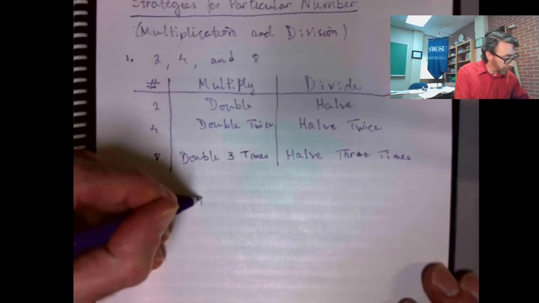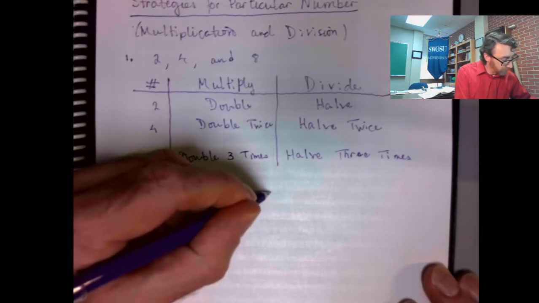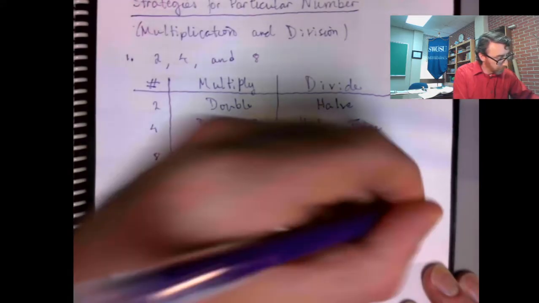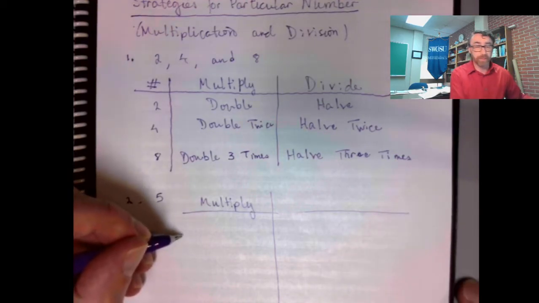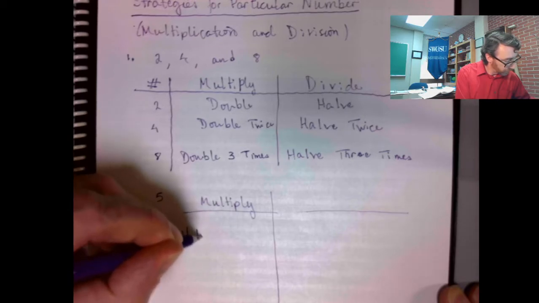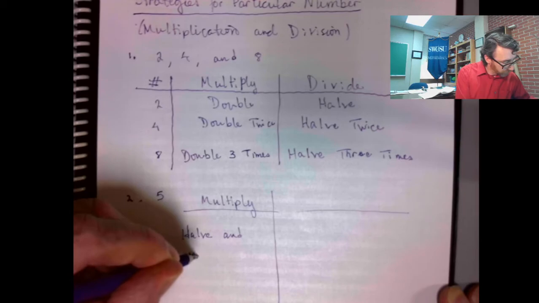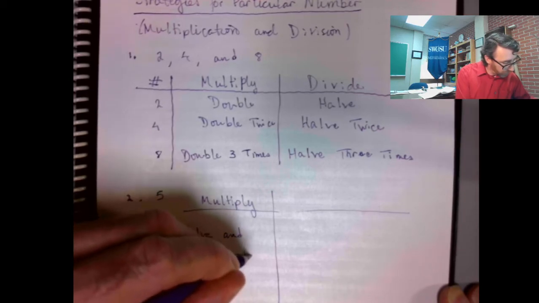If you're multiplying by 5, the quick method that we saw: you can cut that number in half and multiply by 10.